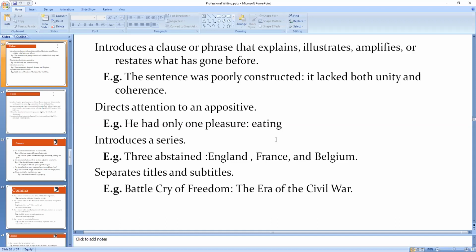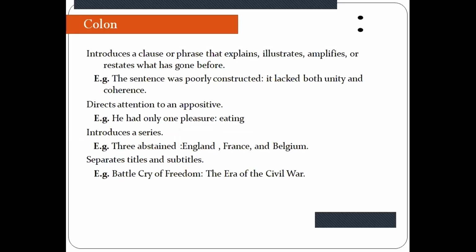Also the colon, which is two dotted periods, directs attention to an opposite. For example, he had only one pleasure, eating. He knew only one game, football.